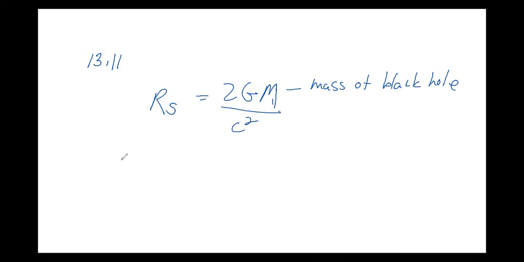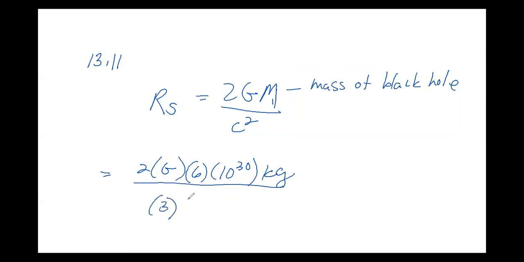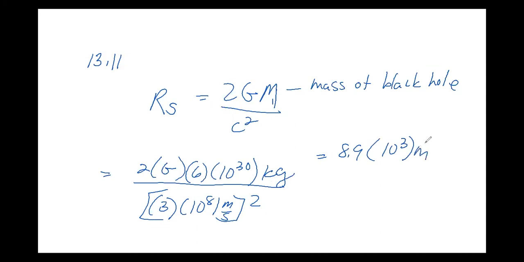So if we put in the numbers, we're going to get 2 times G times 6 times 10 to the 30th kg, divided by 3 times 10 to the 8th meters per second, quantity squared. And that's going to give us 8.9 times 10 to the 3rd meters. And that was 13.11. And that's it for chapter 13.